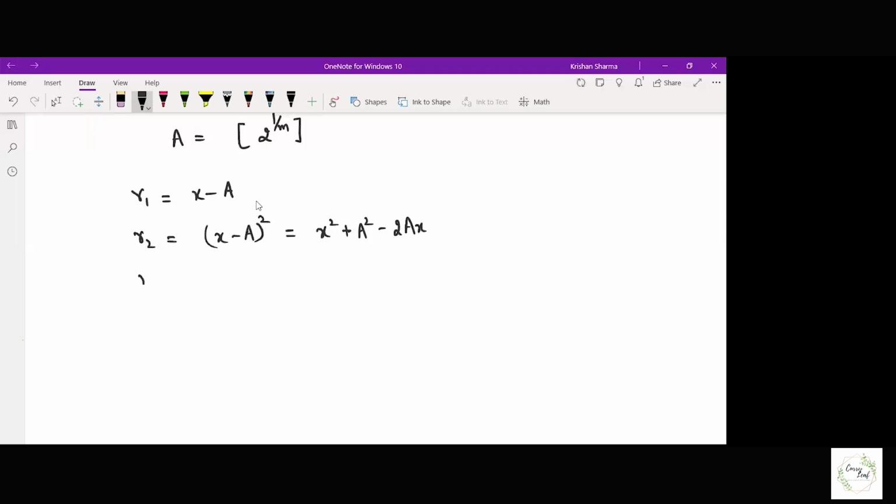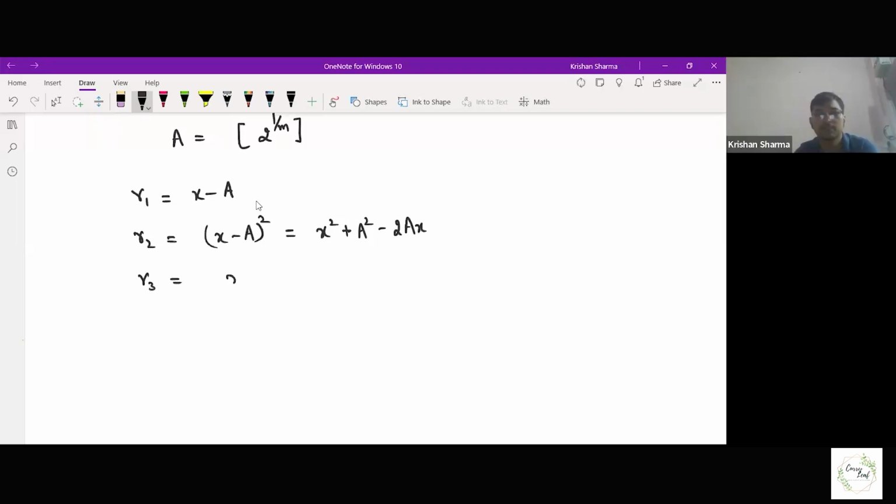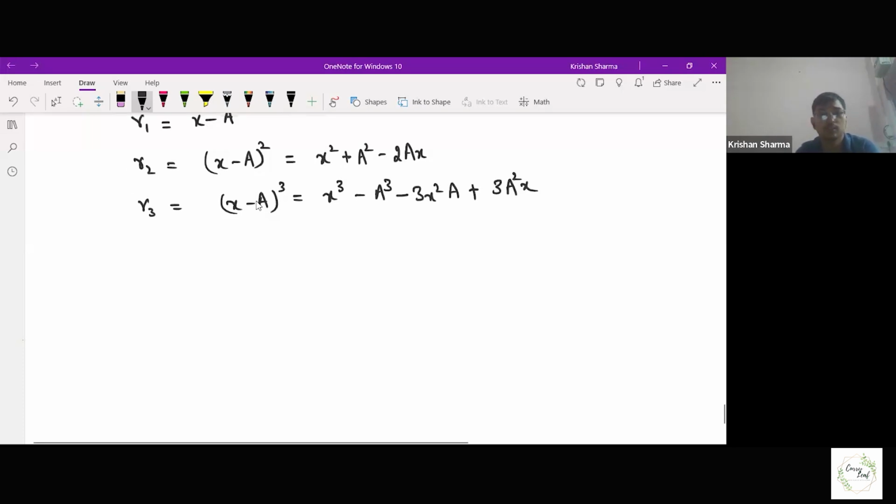Okay. Now if I take R3, that will be x minus a cubed. And you all know the formula of a minus b whole cube. So x cube, I will write it firstly, minus a cube minus 3x square a plus 3a square x. Okay. So if you go down further, I want to stop at r raised to power n.